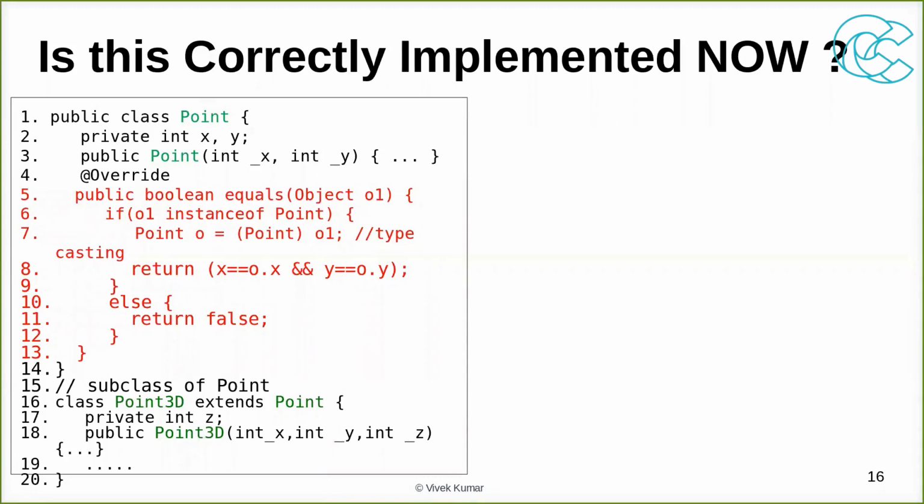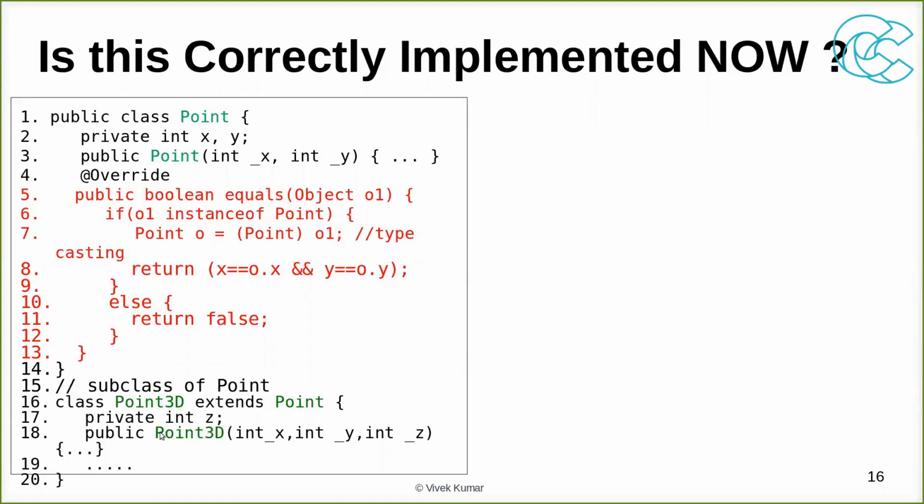Okay. So this code is still not correct. There are still some issues with this. The issue is with inheritance or extension. Let's say you have Point3D. This is a 2D point with x and y, but now you are creating a new class called Point3D that extends this Point, and you have a third dimension referred to by z.